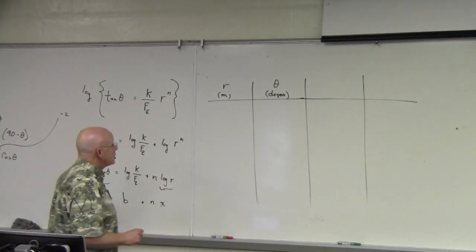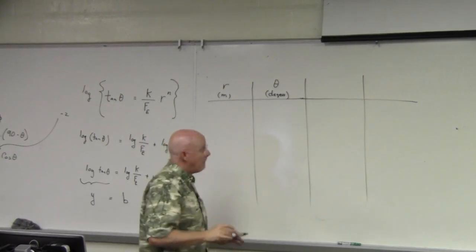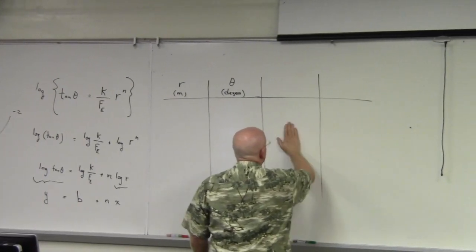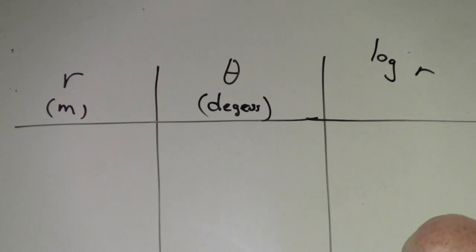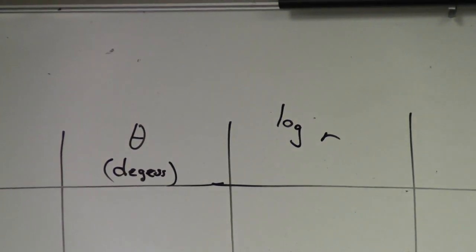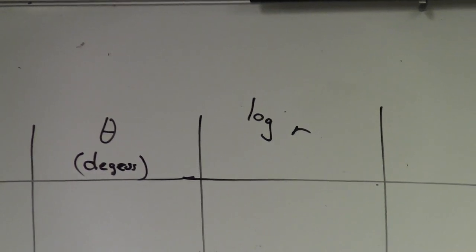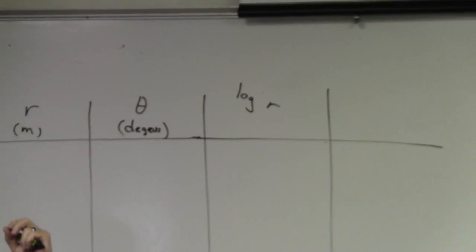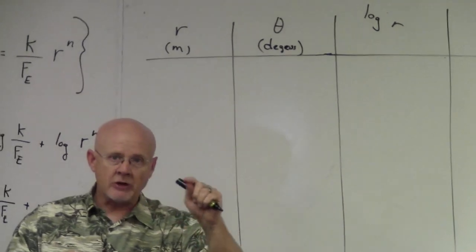All right. So you're going to have a bunch of data here. But once you have that data, you should make two new calculated columns. This one here would be log of r. So in Graphical Analysis, go up to Data, then go down to New Calculated Column.